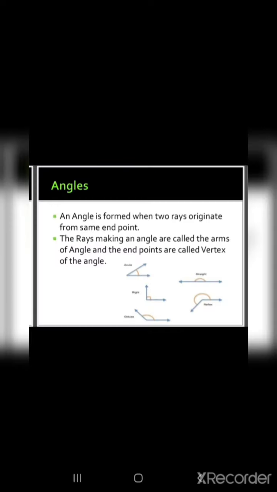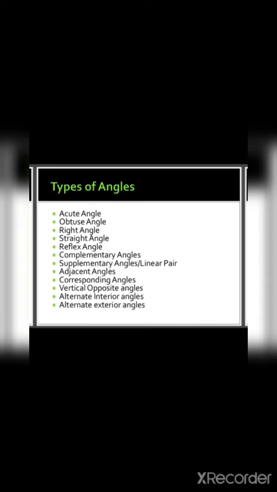Next, angles. An angle is formed when 2 rays originate from the same endpoint. The rays making an angle are called the arms of the angle and the endpoint is called the vertex of the angle. Types of angles. Different types of angles are acute angle, obtuse angle, right angle, straight angle, reflex angle.